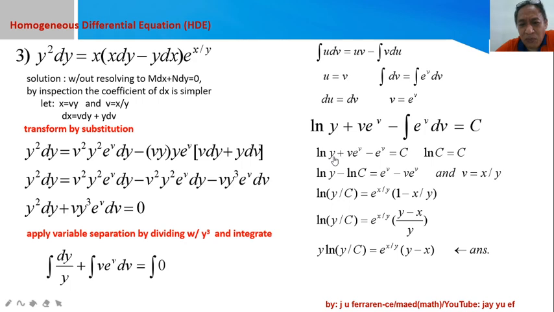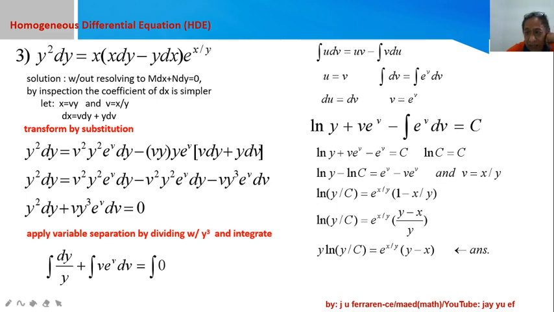Now, I want to combine the ln y together with C. If I'm going to take the ln of C, that is still arbitrary, so the C term here I can make into ln C. So I combine my ln C with the ln y for possible simplification. These terms are also transposed to the right.